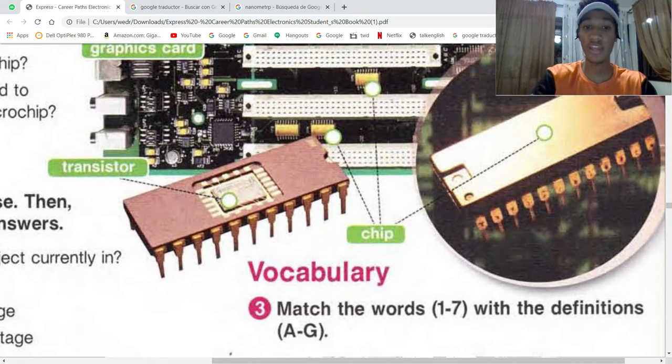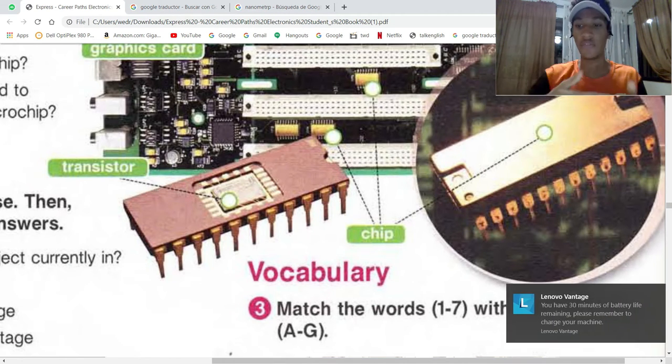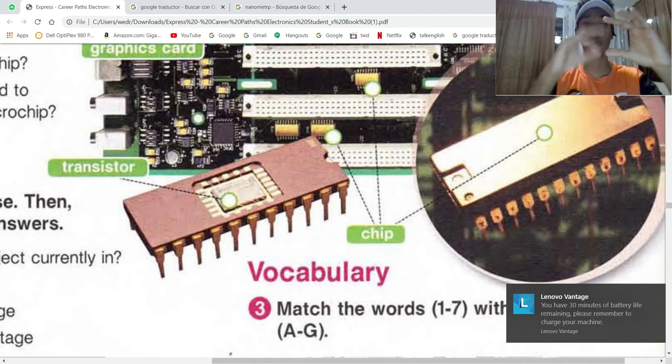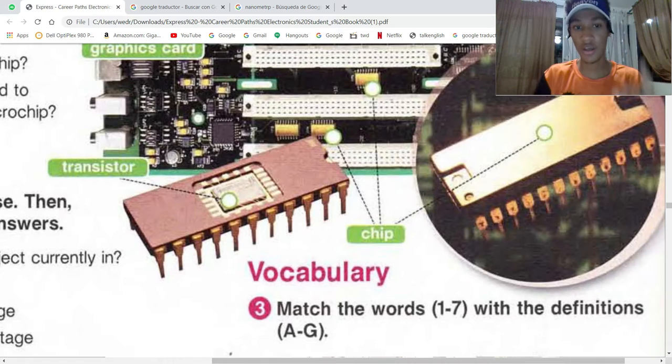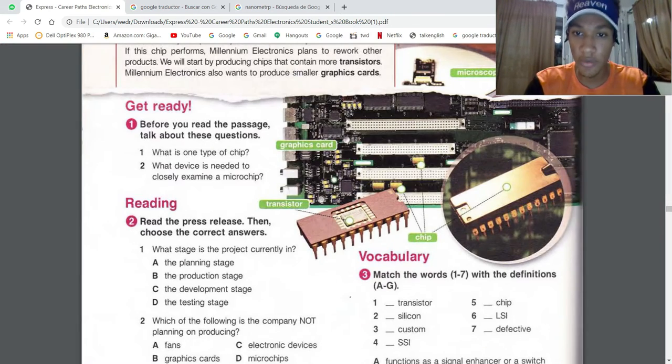So with a model, you make it smaller, and with different microchips like that, small, you put a file or square space about this transistor, and you put the microchip. It's the processor of the computer.